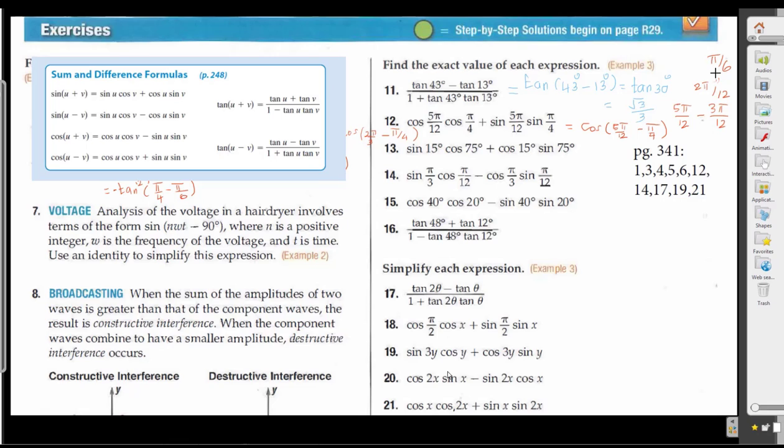So you know what is cosine pi over 6? That is cosine 30 degree. That is square root of 3 over 2.